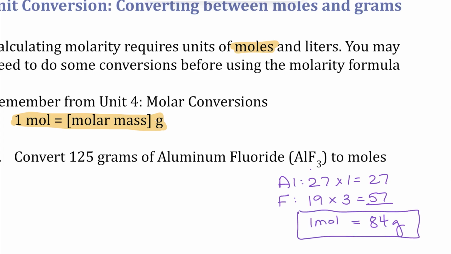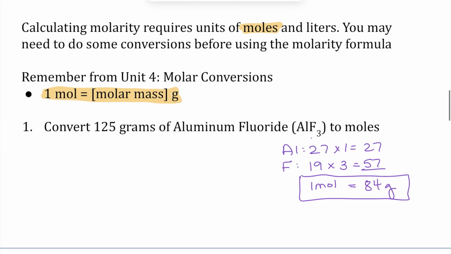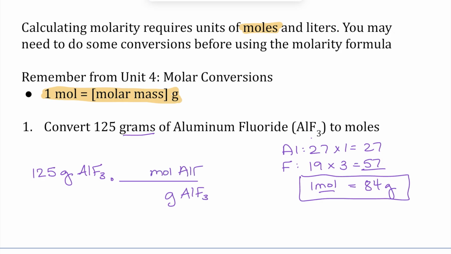And so we can use that conversion factor to convert from grams to moles. So I've got 125 grams of that aluminum fluoride. I want to get rid of grams of my aluminum fluoride. I want moles. And then we can go ahead and put those values in. 1 mole is going to equal the 84 grams. So 1 mole on the top, 84 grams on the bottom.